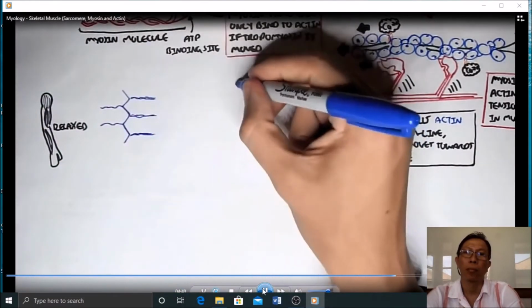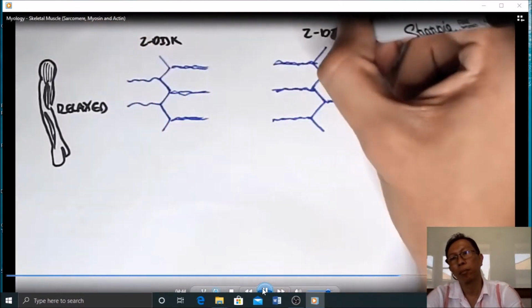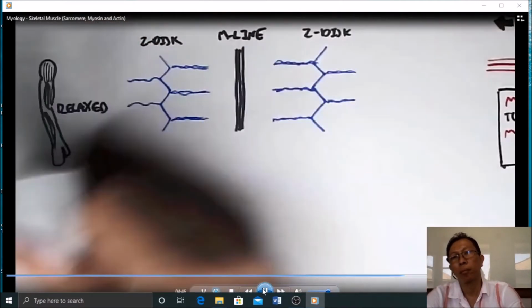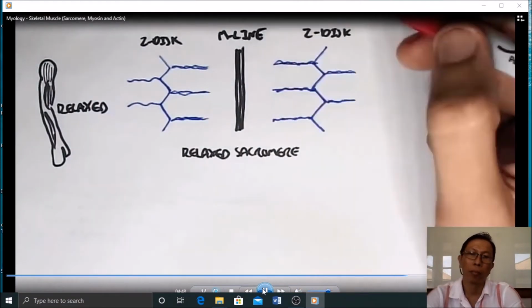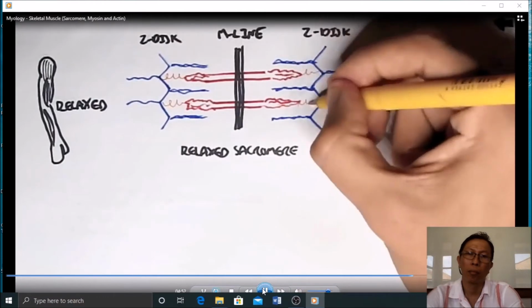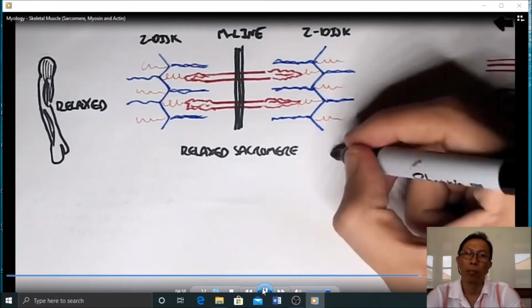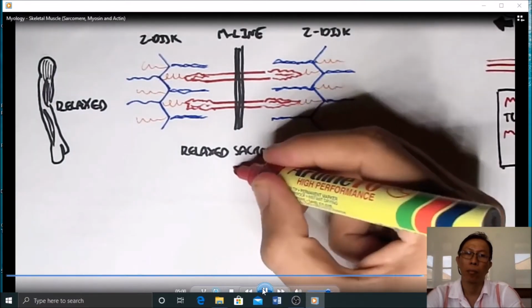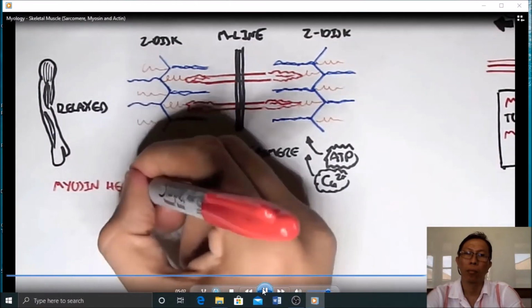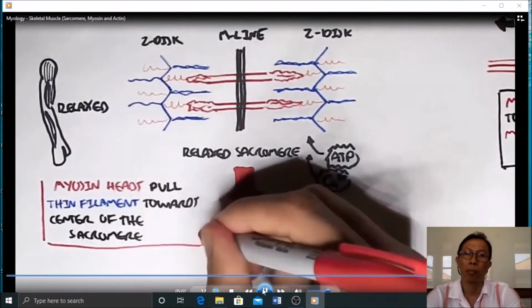Let's look at firstly a relaxed state when nothing is happening, when no calcium and no ATP is around. So here we have a sarcomere, which is from a Z disc to another Z disc, and we have an M line in the middle. And this is a relaxed sarcomere in a relaxed state. And so when ATP and calcium comes along, this will cause myosin heads to pull thin filaments towards the center of the sarcomere, towards the M line.